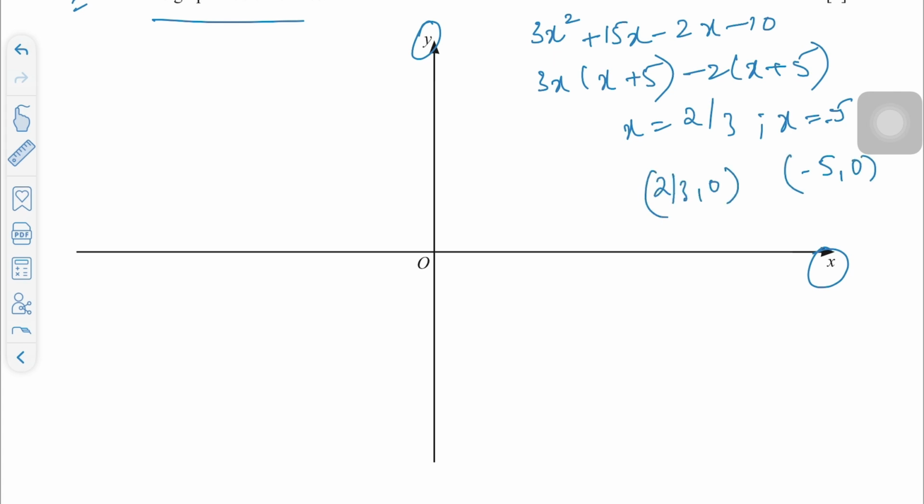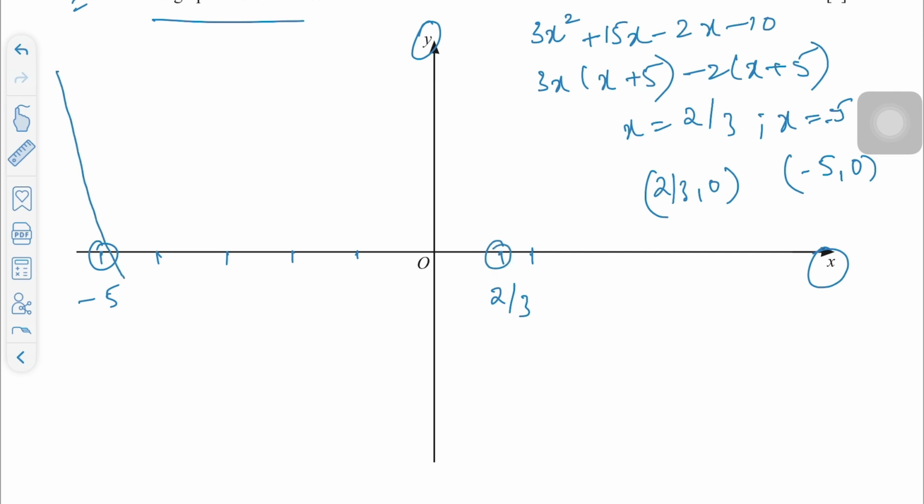So let's just write it down. Suppose this is 1, so this would be 2/3, I guess. And if this is 1, 2, 3, I'm just sketching it, so this would be 4 and then -5. So these are our roots.